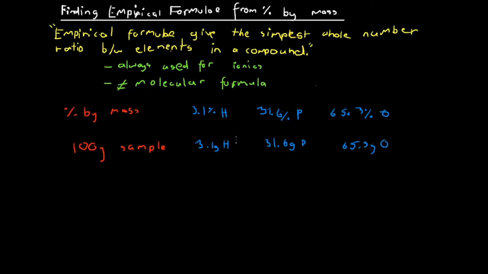Now we want to figure out the number of moles that we have of each of these three elements in the 100-gram sample. So we convert that to number of moles. We know that n is equal to m over M_r. So the number of moles here is equal to 3.1 over 3.0, which is equal to 1.03 mole.